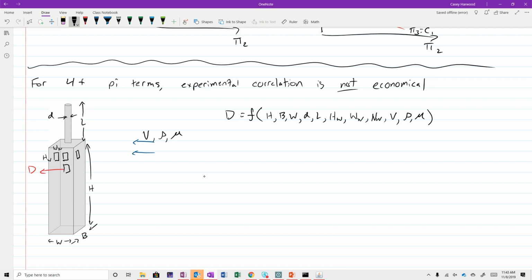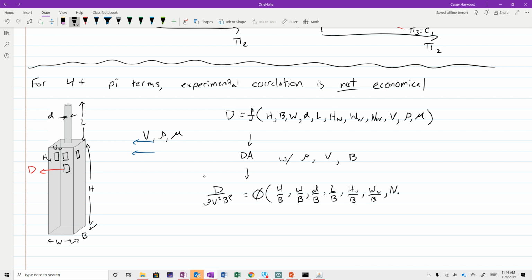So in this case, if we apply our dimensional analysis, and let's say that our repeating variables are rho, V, and B, then what we'll end up with is D over rho V squared B squared is equal to a function of H over B, W over B, D over B, L over B, HW over B, WW over B, the number of windows, and then rho V B over mu.